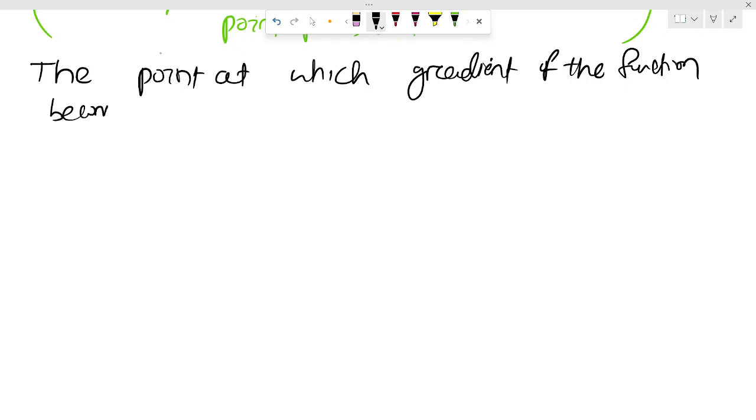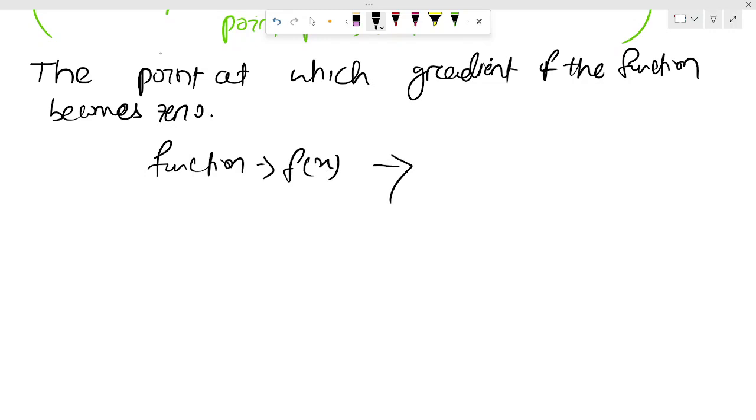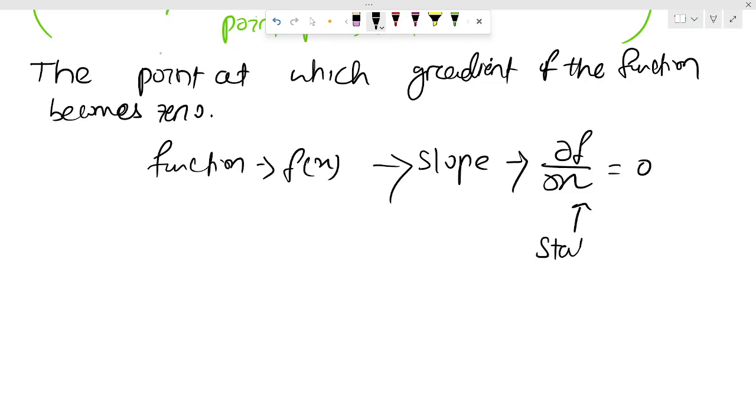If I have a function f of x, then to find the stable equilibrium point, the slope, that is del f by del x, is equal to 0.